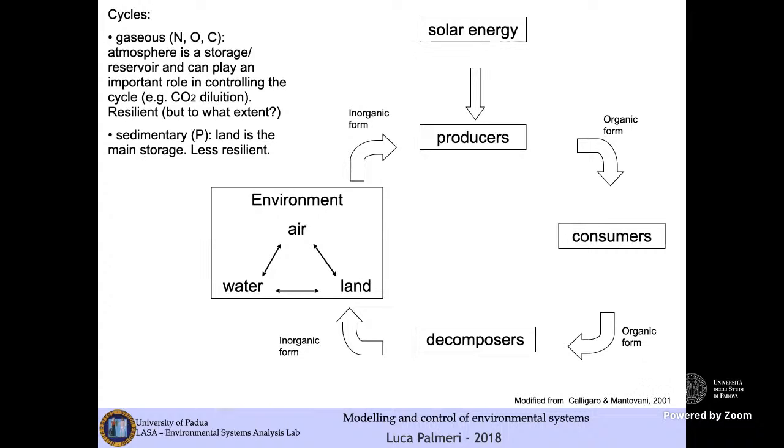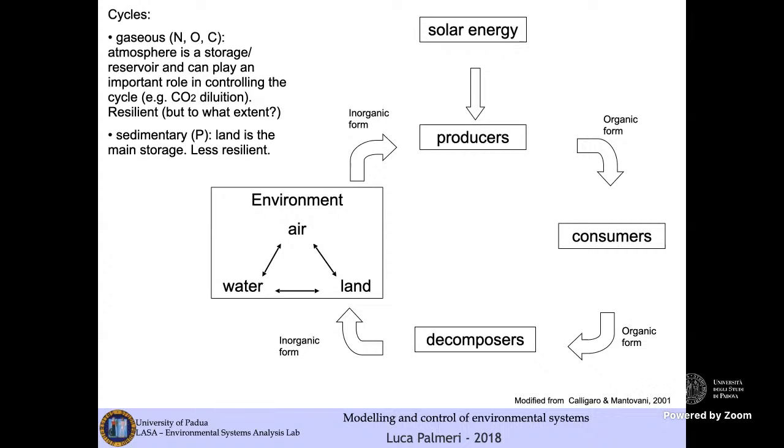bio-relevant chemical elements. In particular, we may start looking at the cycles of gaseous elements like, for example, nitrogen. As I recall, nitrogen in its gaseous form is N2, or oxygen, or other elements like carbon, for example, CO2.